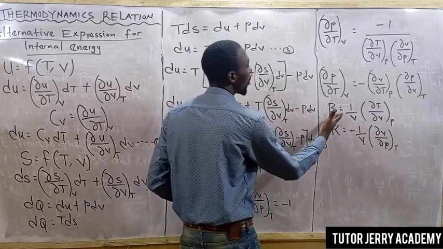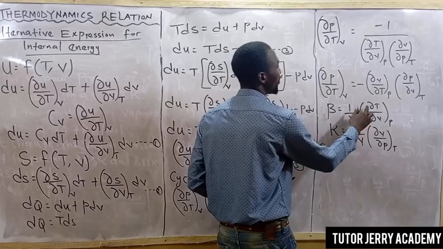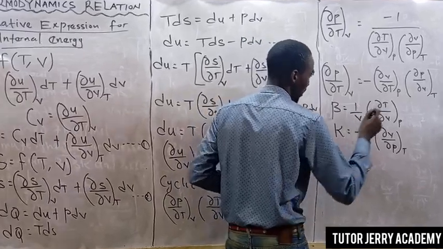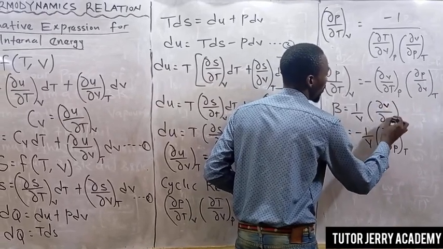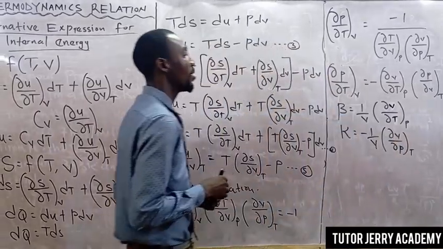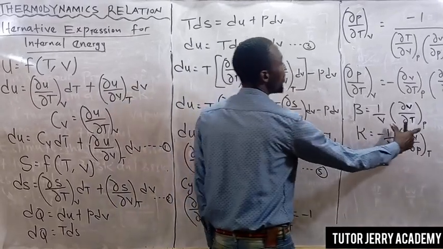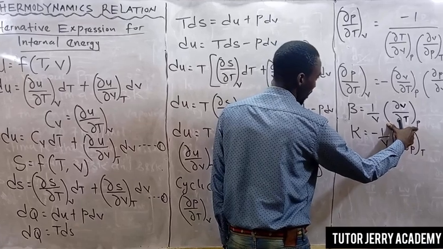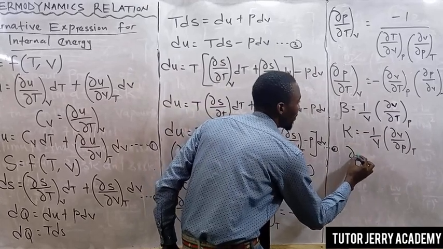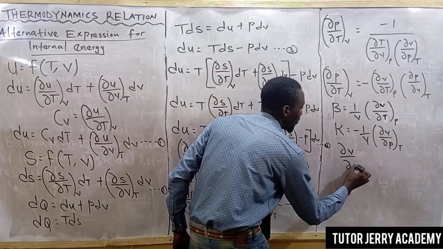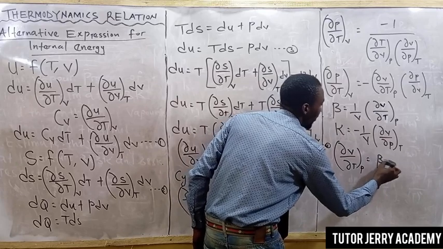From our definition of beta, which is the cubic expansion, it ought to be the partial derivative of V all over the partial derivative of T, keeping P constant. Now, if I make what is here the subject of formula, I'll cross multiply here, then I can therefore say the partial derivative of V all over the partial derivative of T, keeping P constant, will be equals to beta V.